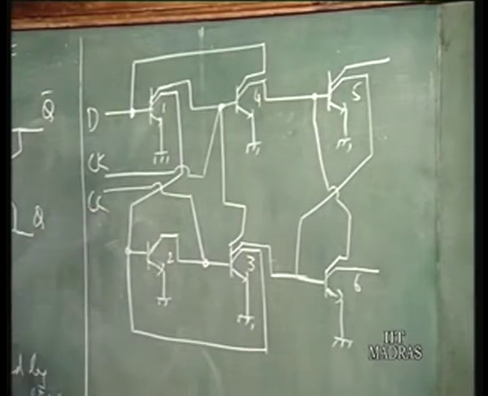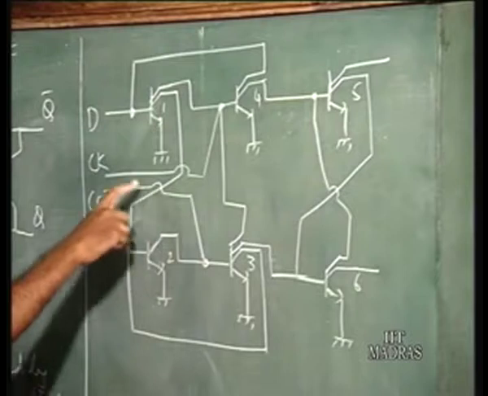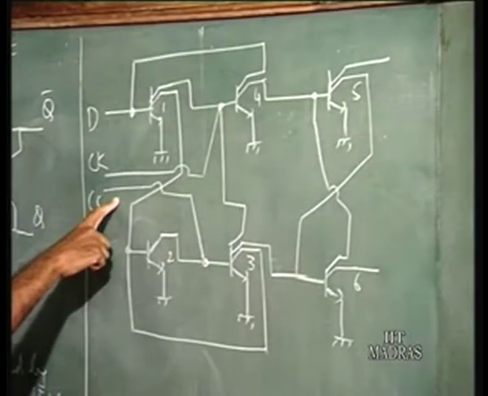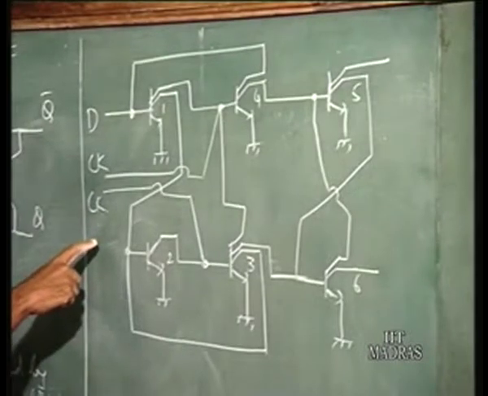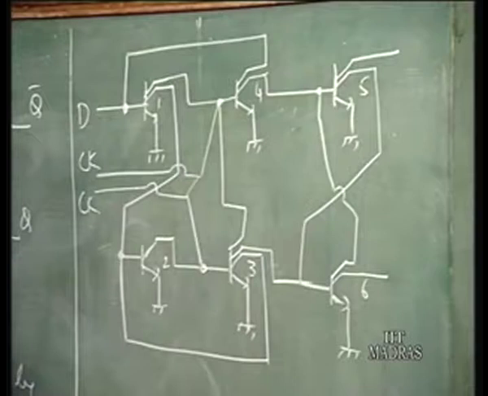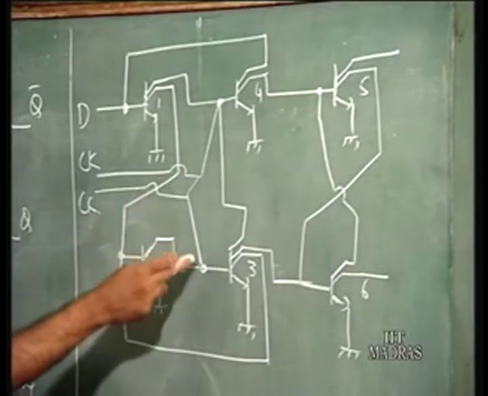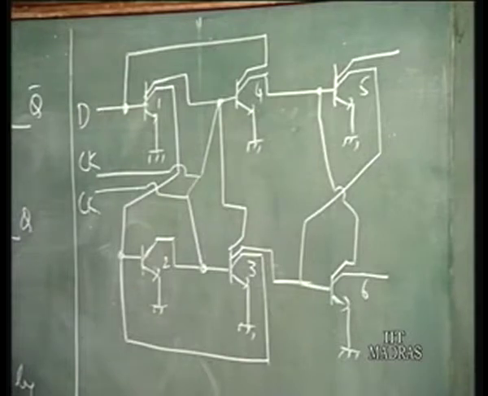I did not draw one clock line going here and here, because they must be separate. They are 2 collectors of one multiple collector transistor. If I had just shorted this, I would have shorted the input of 3 and input of 4, which is not allowed.